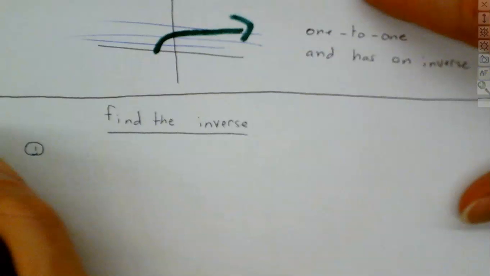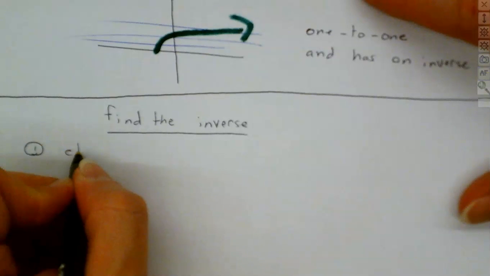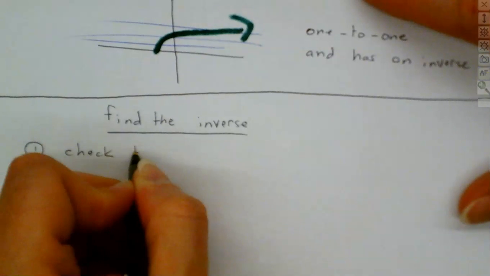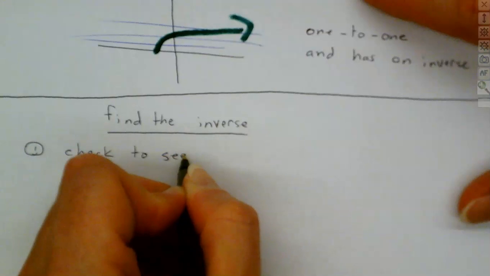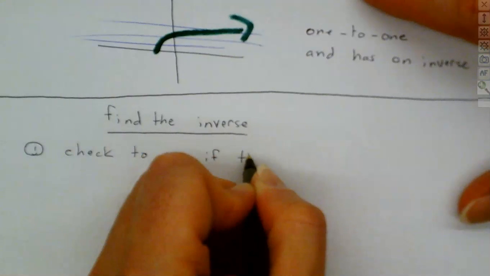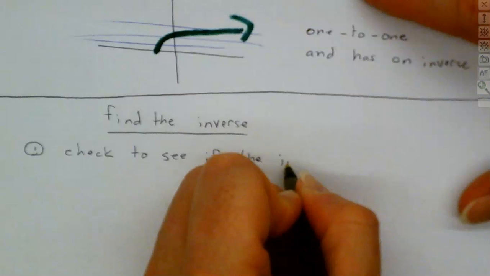So we're going to be learning how to find the inverse. Step number 1 is check to see if the inverse exists.